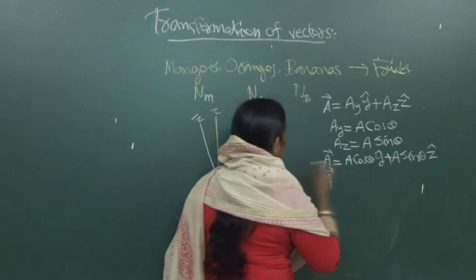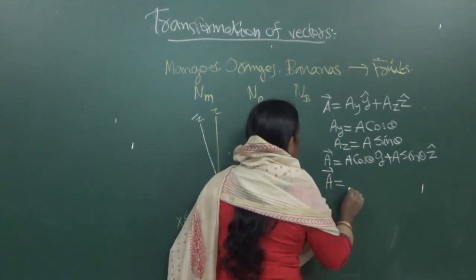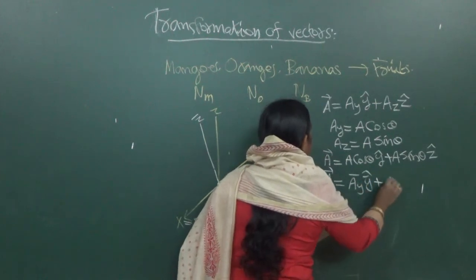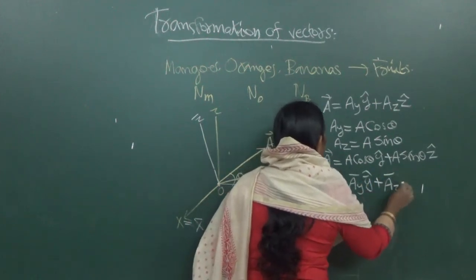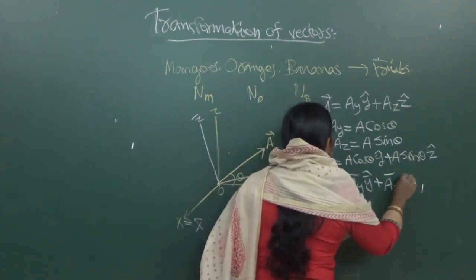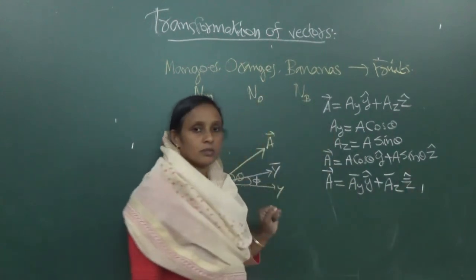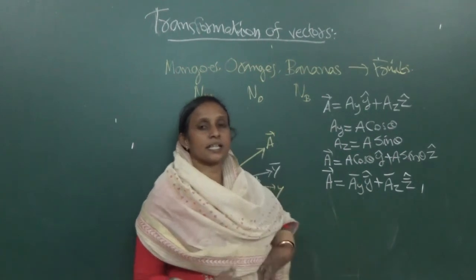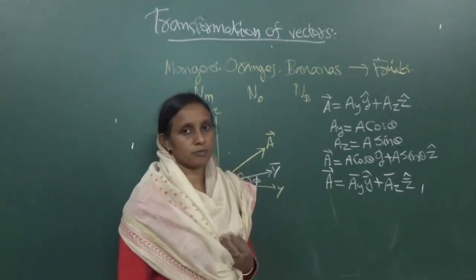Vector A in the new coordinate system is ay bar, y bar cap plus az bar, z bar cap.